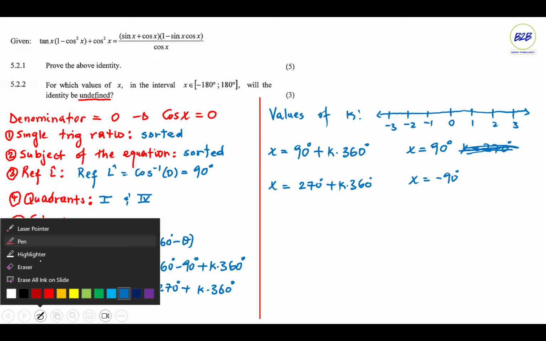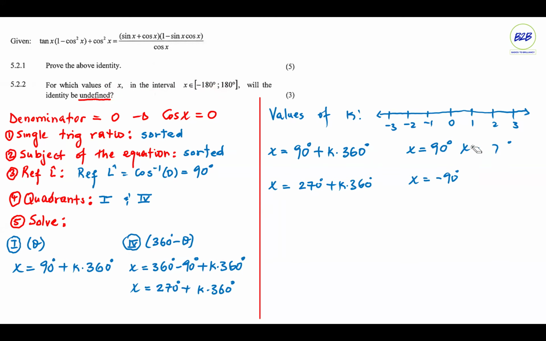All right. So if k equal to 1 fails on the first equation, we don't have to go for k equal to 2 because it will also fail. Let us then check k equal to -1.